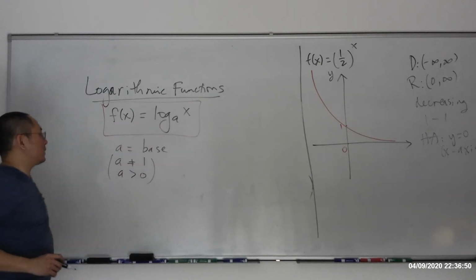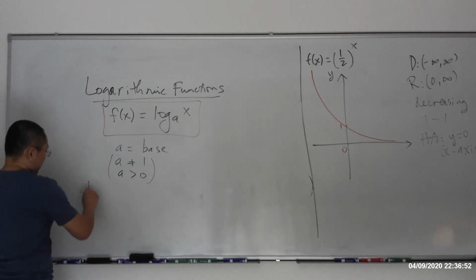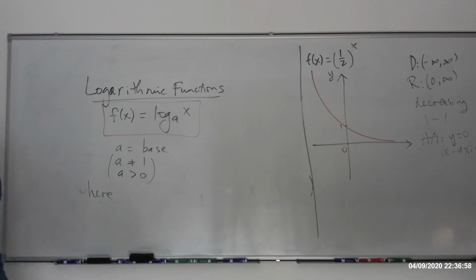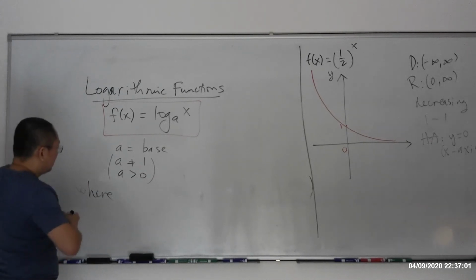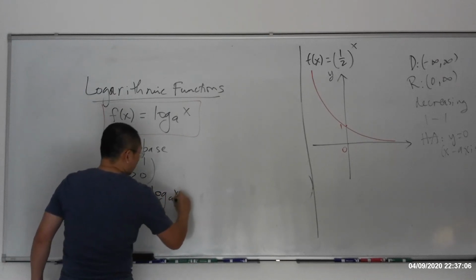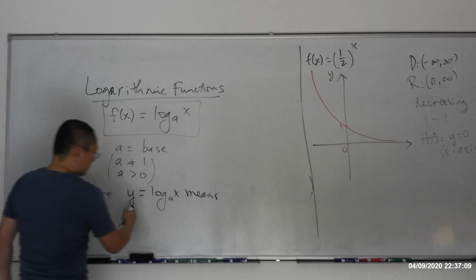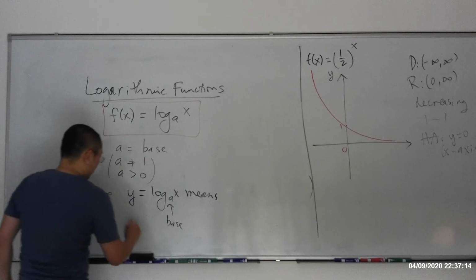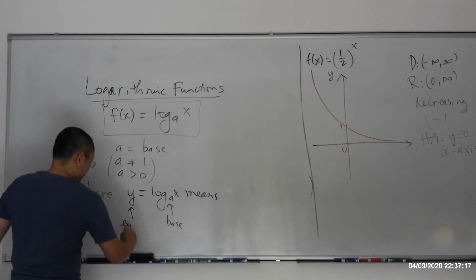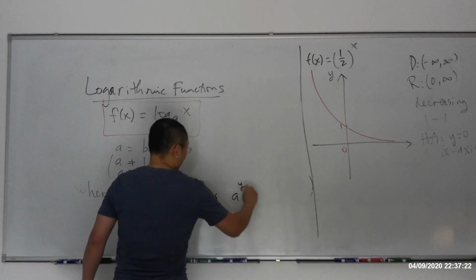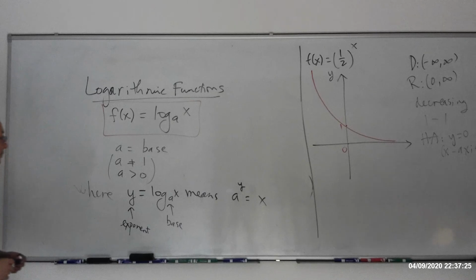And what do we mean by that log expression? y equal to log base a of x really means, if you take the base number right here and raise it to the exponent y, it's going to be equal to the number inside the log. That means a to the y equal to x. That's exactly what it means.